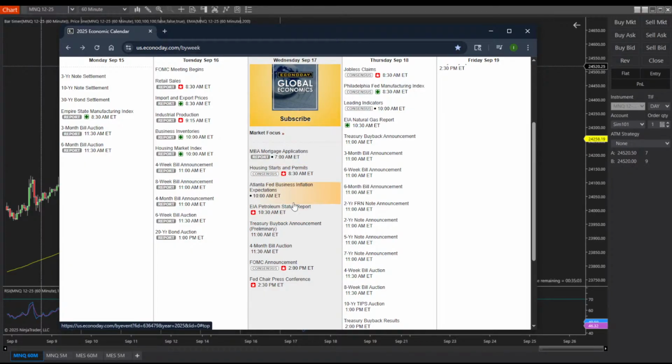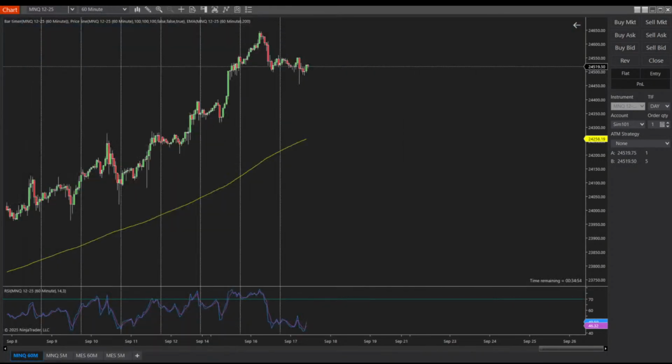So let's keep this in mind as we trade through the day. I'm just looking to trade probably from 9, let's say, to 11:30 or something like that, and then we'll call it a day.